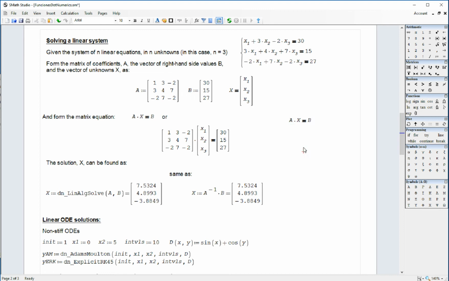and then we multiply both sides on the left hand side with A to the minus 1, and then we realize that the product of A to the minus 1 times A is the identity matrix, and that the identity matrix multiplied by a vector is just the same vector.